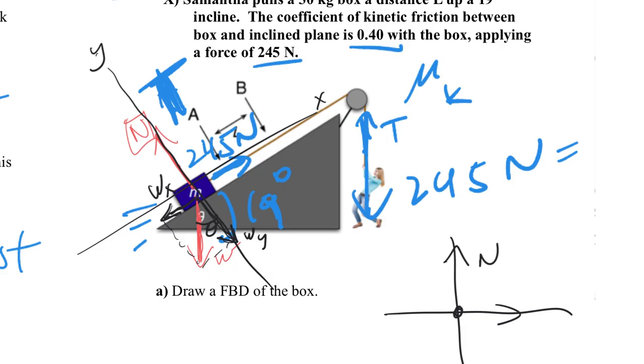The tension is 245. I don't know what the normal force is. Wx is this way, and Wy is that way. I'm not going to draw the weight, since I just broke it up into x and y axis components.